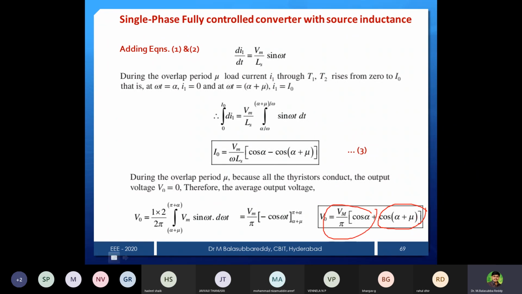From the third equation, what can I write for cos of alpha plus mu? I don't want alpha plus mu. I want only the cos alpha term, so that it is easy to compare. For that, from equation 3, I can write cos of alpha plus mu is equal to that value. You can put it here. Then I will get it only in terms of cos alpha. So that I will do now.